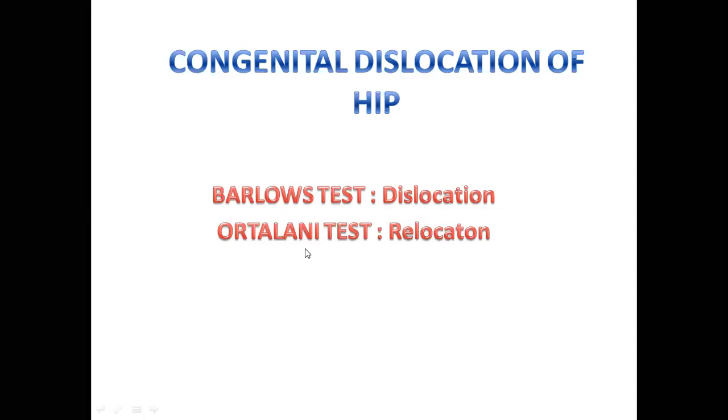In Ortolani's, we are relocating the dislocated hip. By relocation, we are able to appreciate a clunk sound if the hip is dislocated. Is that clear to you? Yes, ma'am.